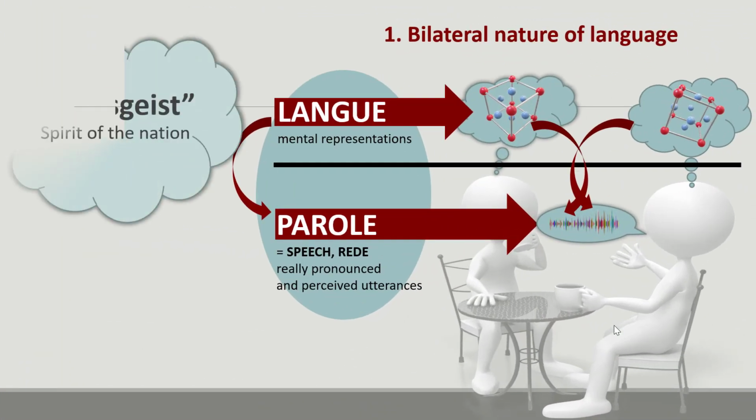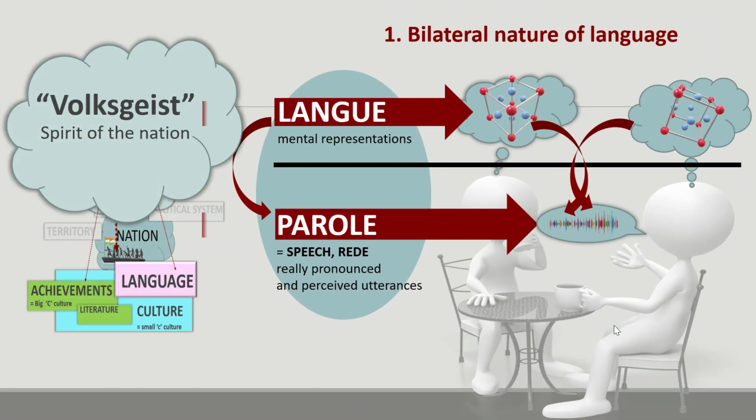Interestingly, some historians of linguistics view Saussure's opposition between langue and parole, abstract representations and their material manifestations, as an evolution of the concept of Volksgeist, the spirit of the nation, which we discussed previously in connection with the intellectual roots of the nation-related notion of culture.